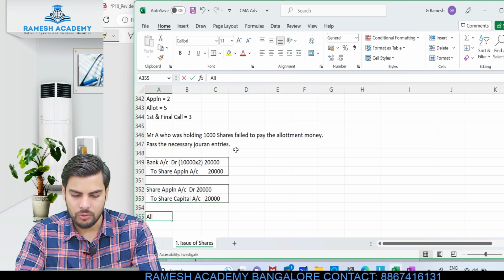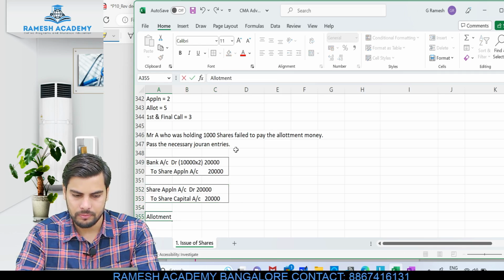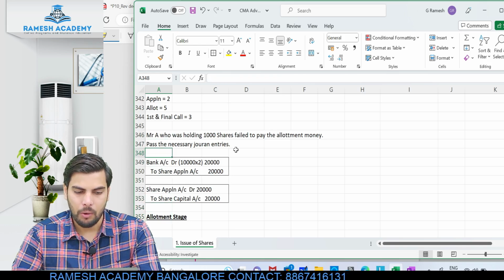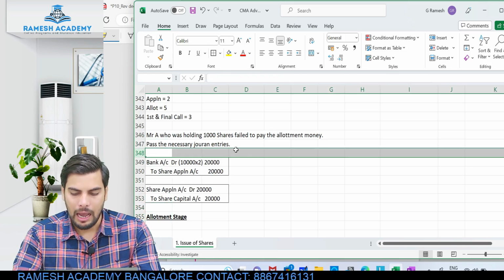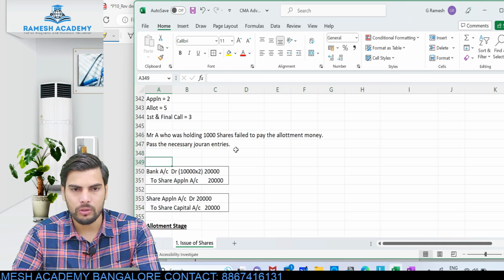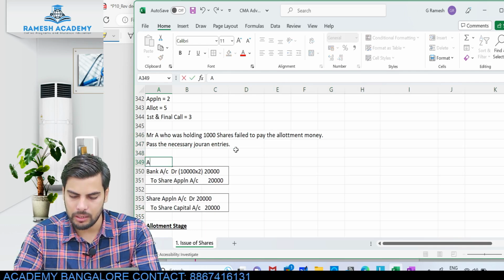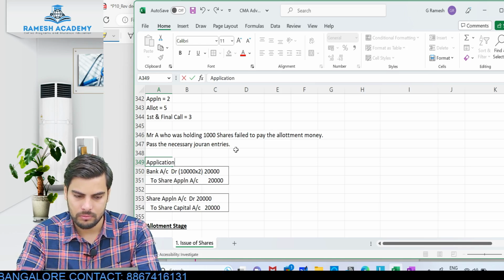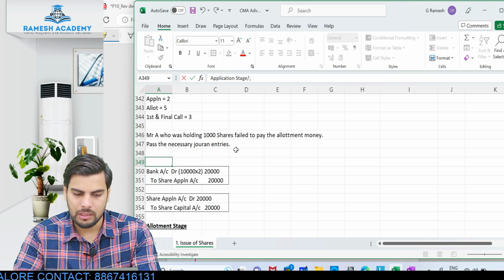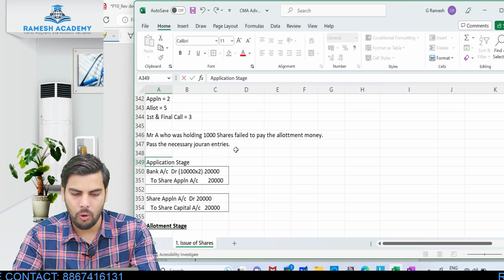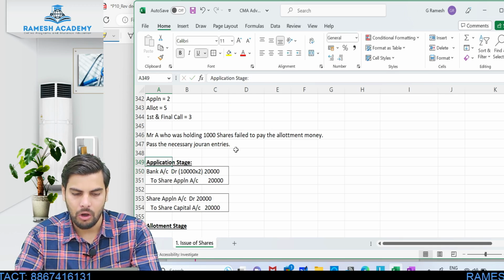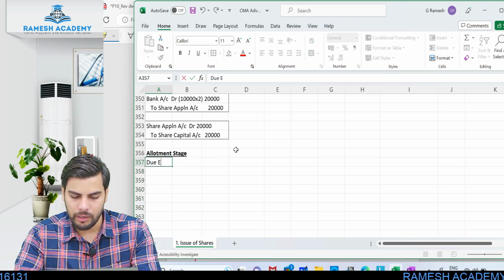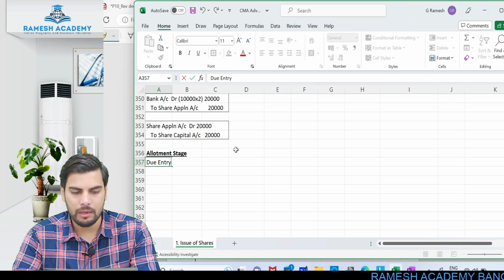When it comes to the allotment stage, the first thing is I'll be passing the due entry. When I'm passing the due entry, I will not have any doubt that any person will be making default. While passing the due entry, I assume that all the shareholders will make the payment on time, that everybody will be making the payment.